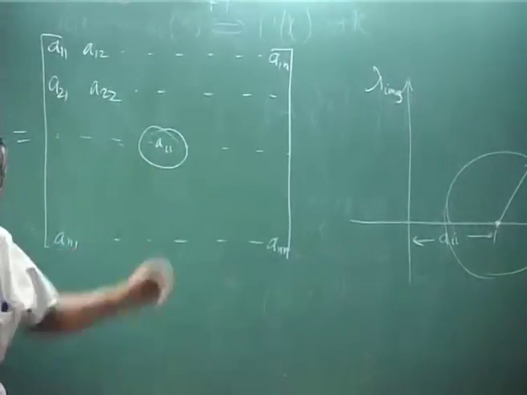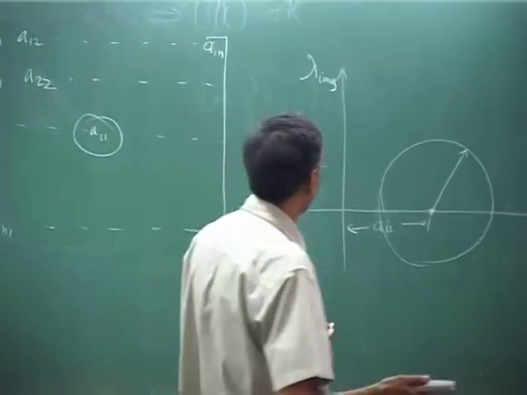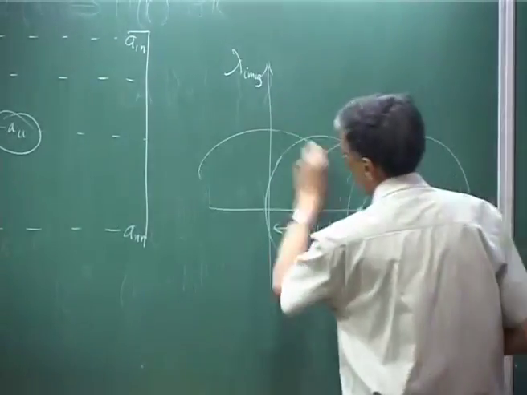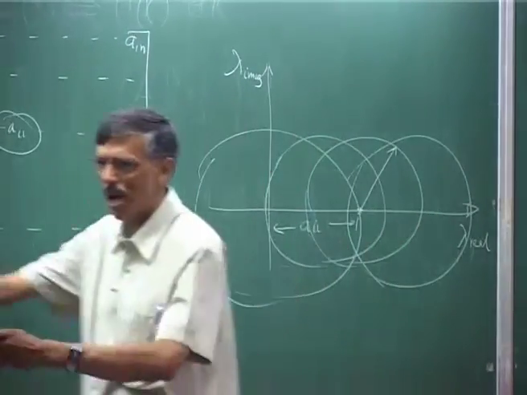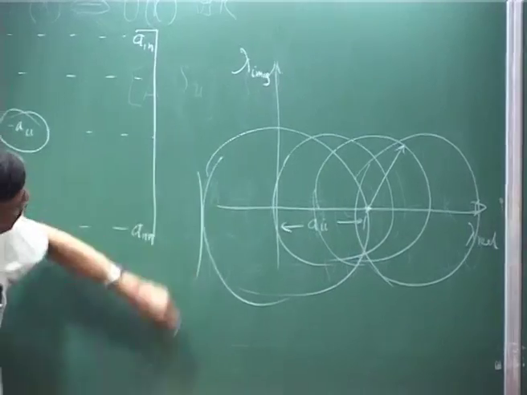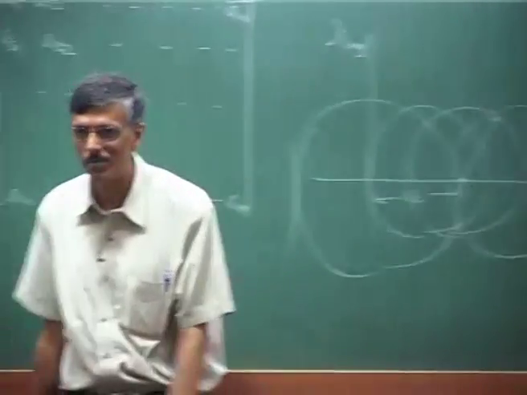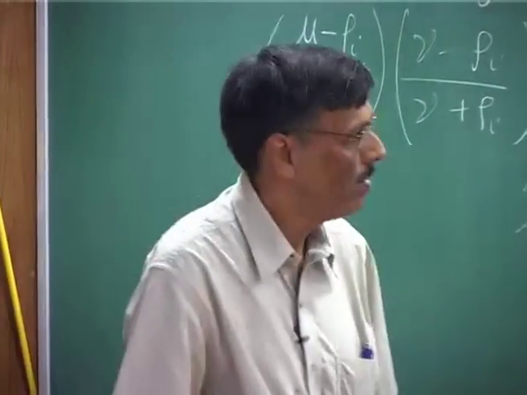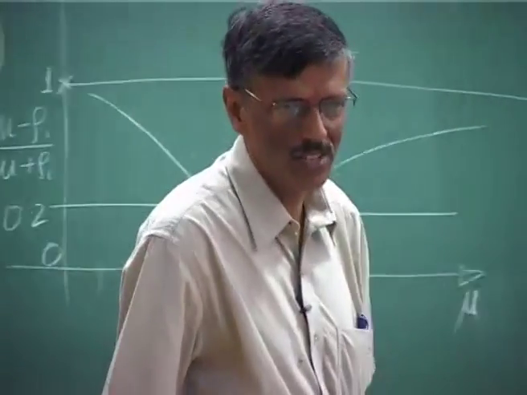Then I get a disk corresponding to this row. What I do is keep plotting all possible disks. So, I have this union of disks, corresponding to each row. Now, the maximum and minimum eigenvalue would correspond to the global minimum and the global maximum. All you have to do is take a look at the matrix, see what the entries are, and construct this disk.